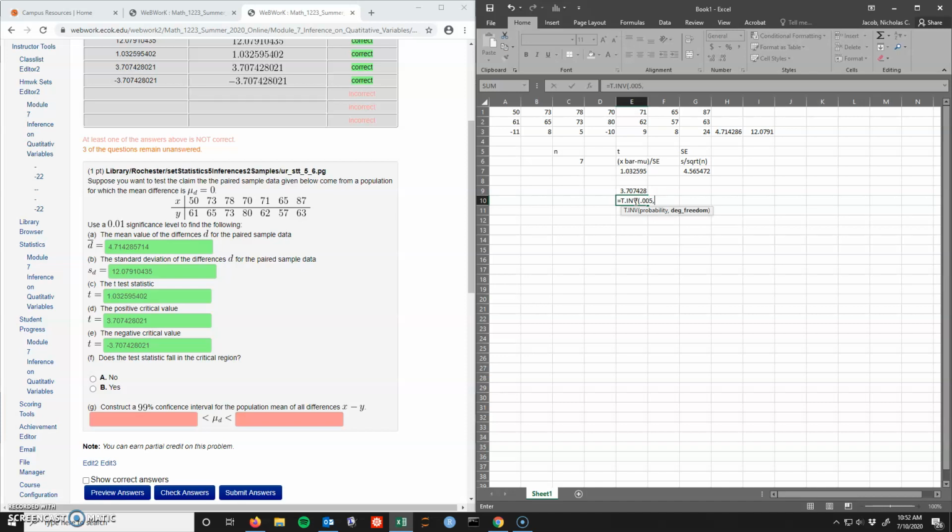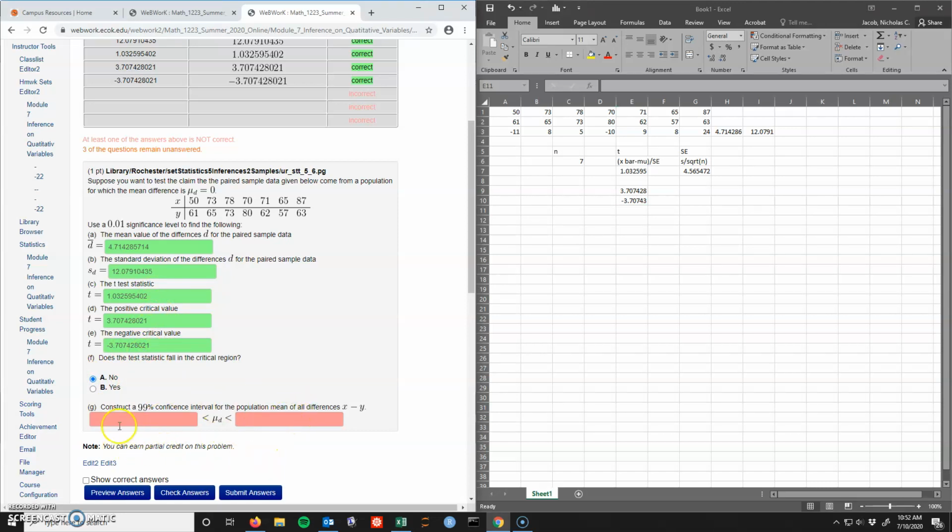I wanted a half a percent less than. And again, I got to give it the degrees of freedom. That's the sample size minus 1. You see that gave me the same value, maybe rounded, because it can't display that. So it asks, does the statistic fall in the critical region? Well, no, it falls in between those.